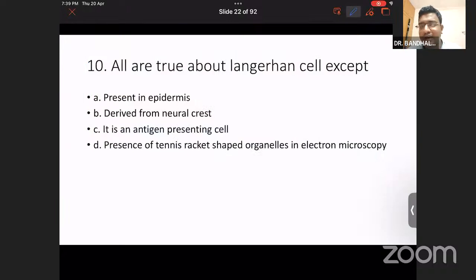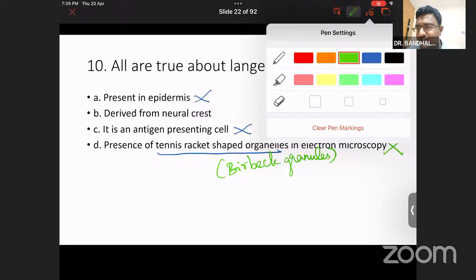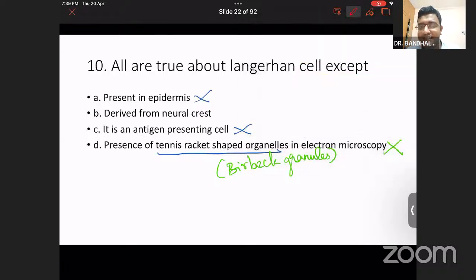So we know Langerhans cell is present in epidermis, so it is wrong.